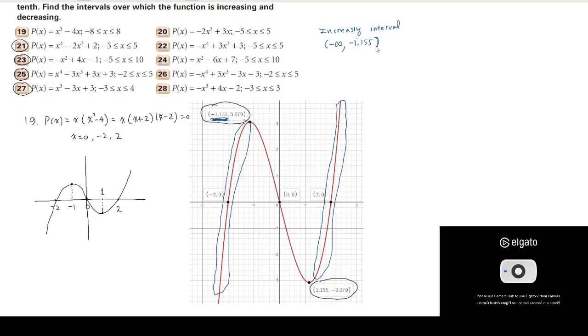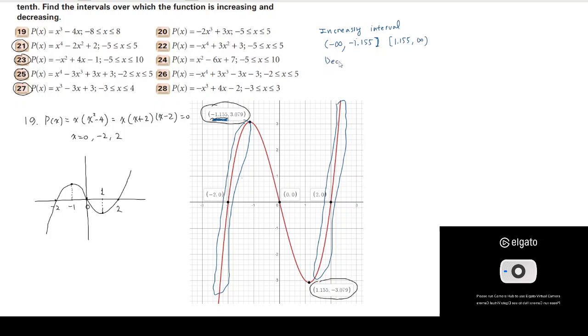To be exact, it's a bracket. Okay. Increasing, there's one more interval. It's from 1.155 to, no, what am I saying? To infinity, sorry about that.